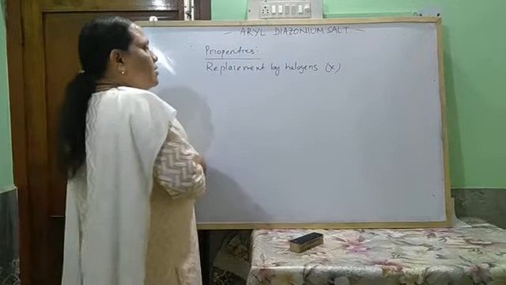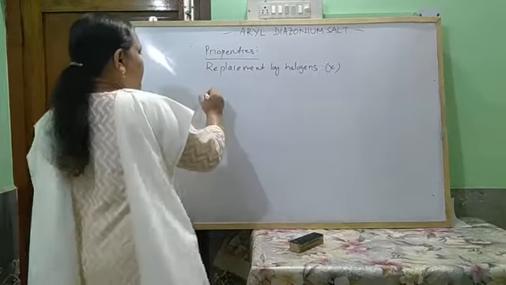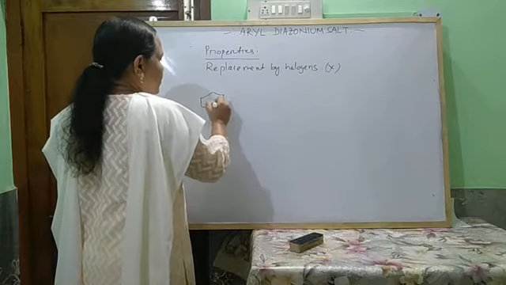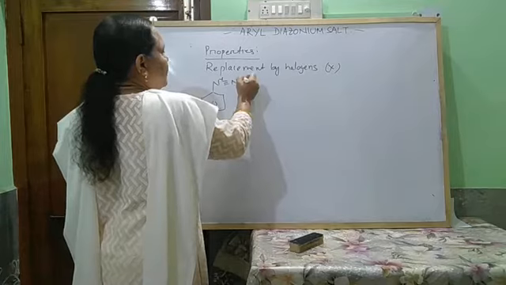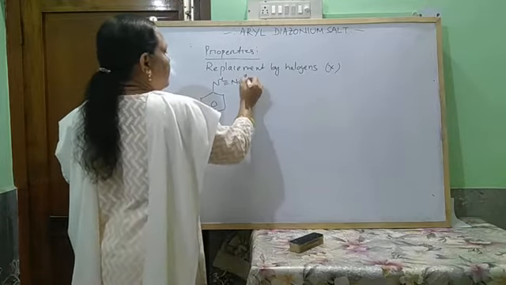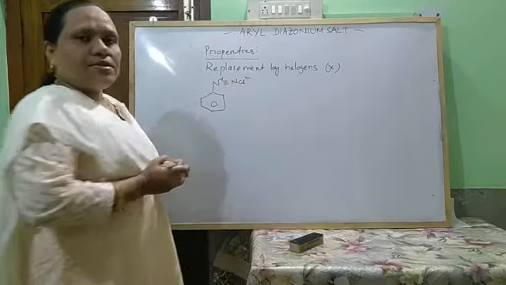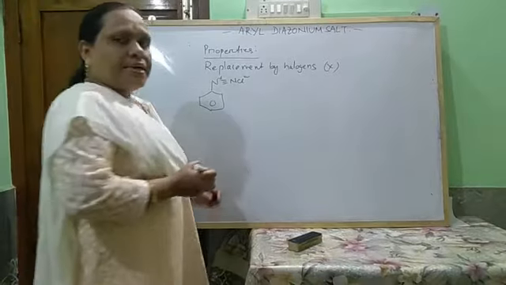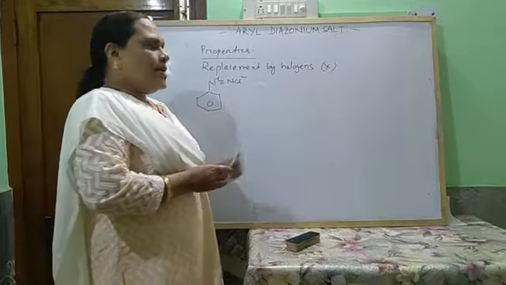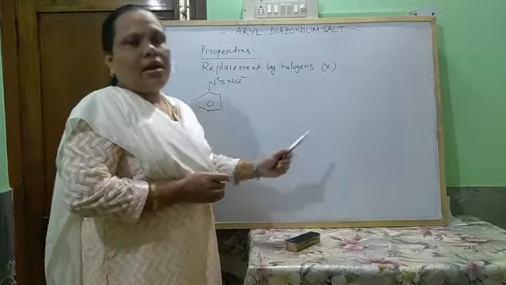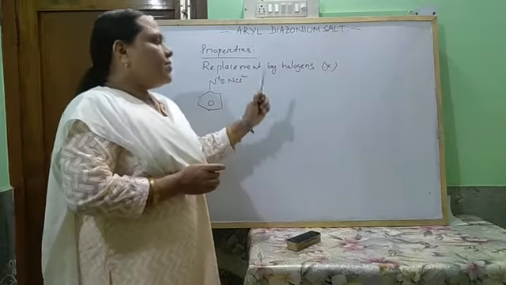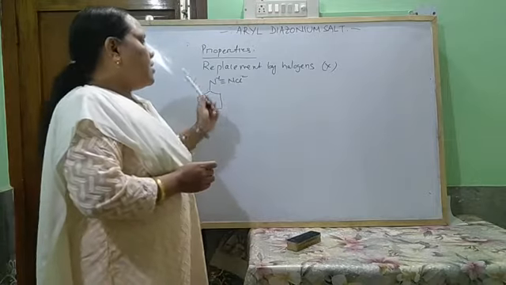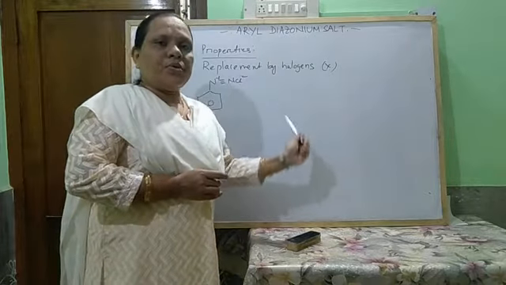First, benzene diazonium chloride, N2 plus and Cl minus. When benzene diazonium chloride is treated with cuprous chloride in the presence of HCl, or cuprous bromide in the presence of HBr, it forms chlorobenzene and bromobenzene.